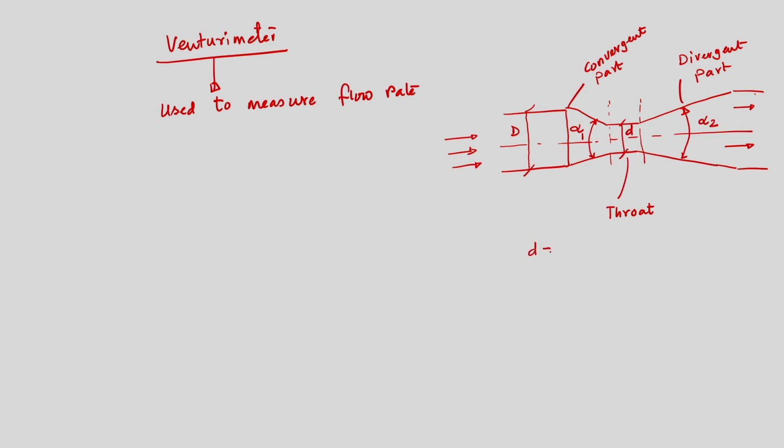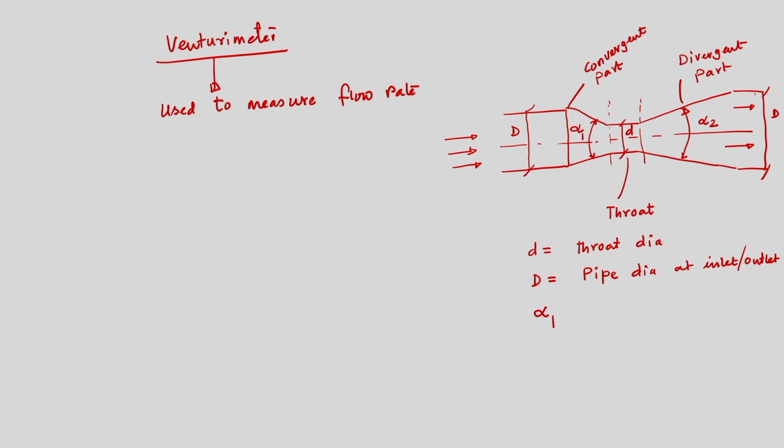So, small d is the throat diameter, and capital D is the pipe diameter at the inlet and outlet. Alpha 1 and alpha 2 are the two angles.